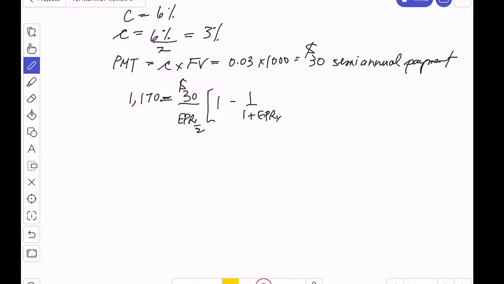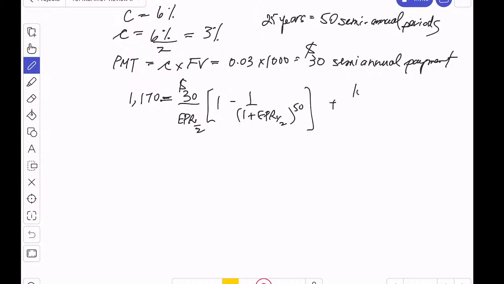We have to present the whole formula, and you're told the years are 25. 25 years is equal to 50 semi-annual periods. So that's 50 there. And then don't forget to add the face value of the bond, and that's also for 50 periods, sorry, 25 years.